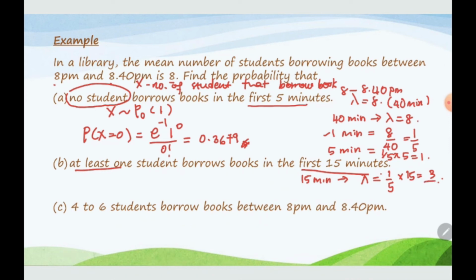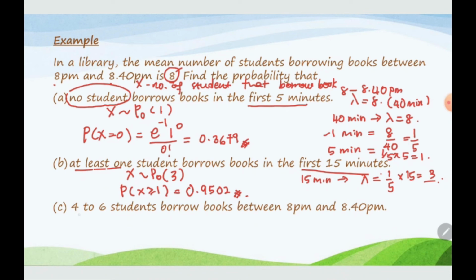So this is the new lambda for part B. We need to write the new distribution, where X is a Poisson distribution with a new lambda 3. So we need to find at least one student. So P(X greater than or equal to 1), by using the Poisson table, you will get 0.9502.